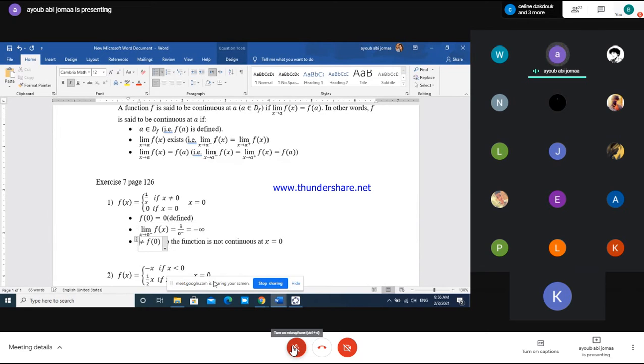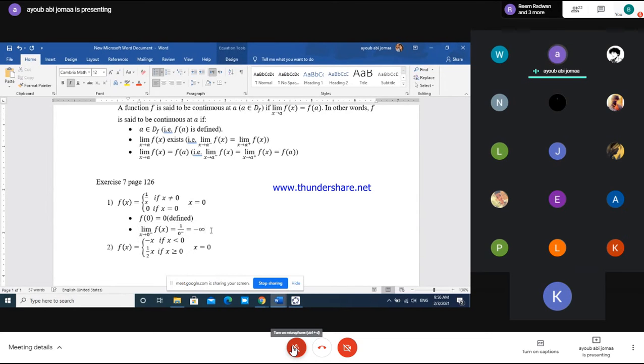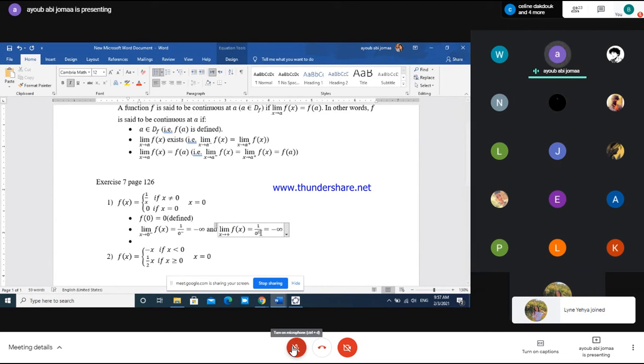Let's continue. You can also work it out this way. The limit as x approaches 0 minus is equal to negative infinity, and the limit as x approaches 0 plus is 1 over 0 plus, which is equal to positive infinity.